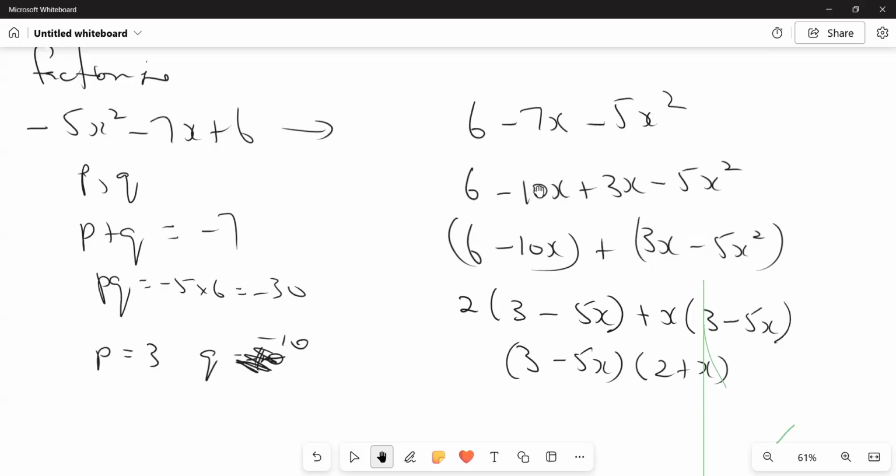Because 6 doesn't have an x next to it, we find a number that can go into both numbers. In this case, it's just 2. And because x is at both places, we will put back the x at the outside.